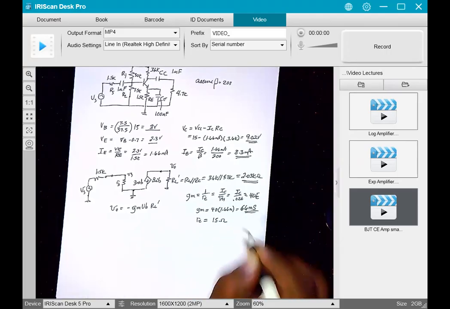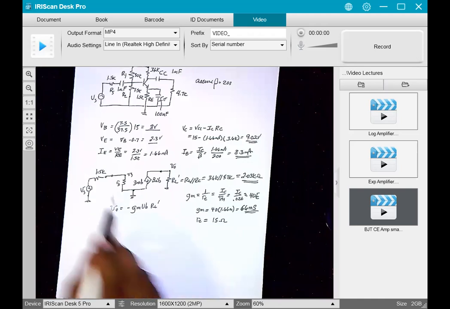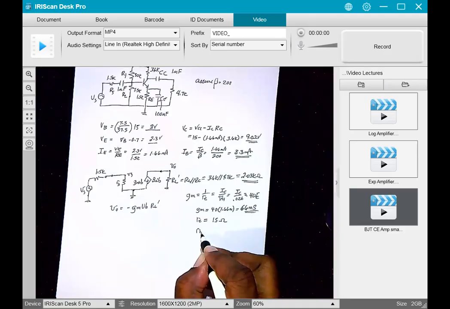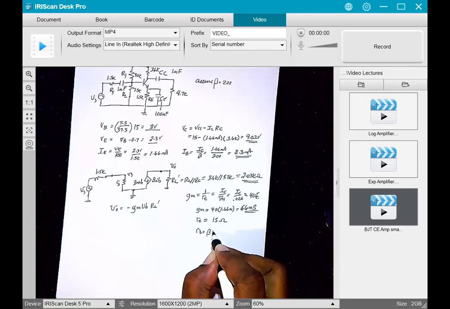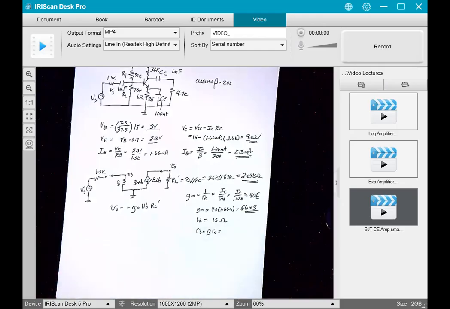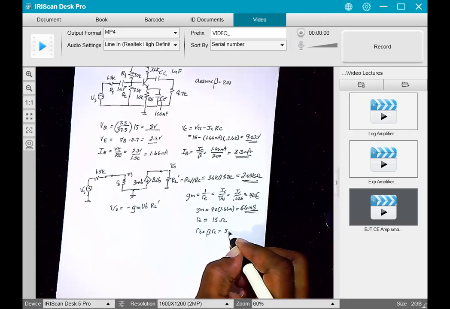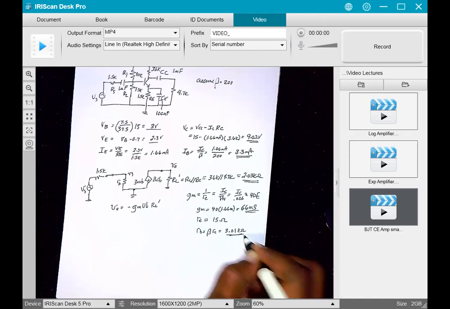It's about 15 ohms. Now, why do I need that? Because my little rπ here is actually beta times re, and beta is 200. So my rπ here is going to be just about 3K, 3.01 K ohm.